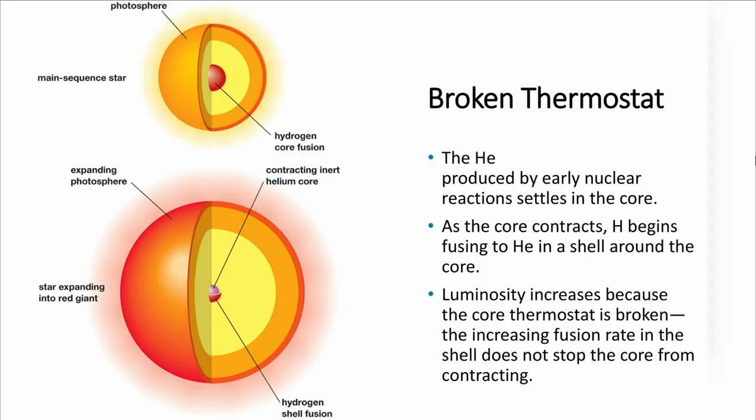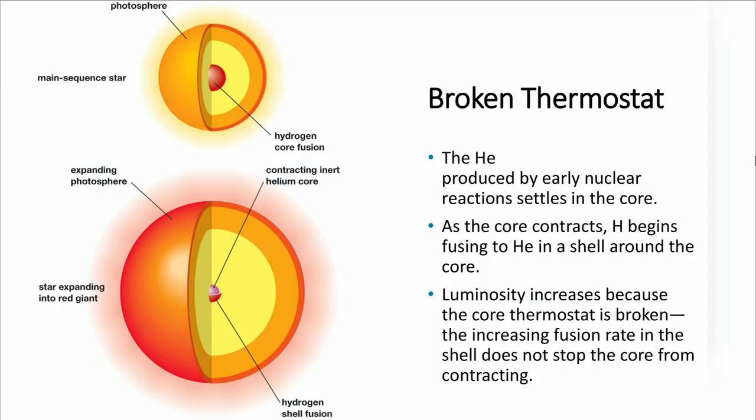So the shell of material that's doing hydrogen fusion around this helium core is actually at a higher temperature than the core of the main sequence star that was doing hydrogen fusion. So this shell is putting out more energy than the hydrogen core fusion reactions were.